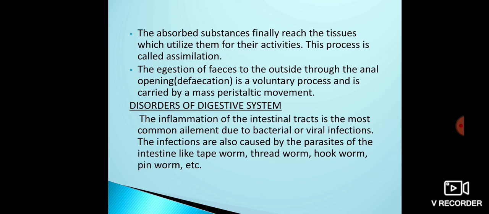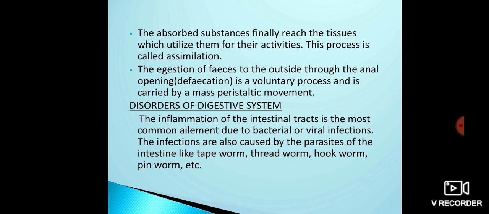Okay, then after all the absorption, the food that remains as waste, which we consider unabsorbed food, is sent to the rectum, where it gets stored, and from the rectum it is sent out through the anal opening, called the anus.